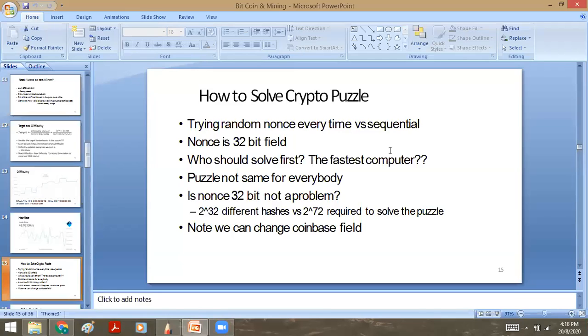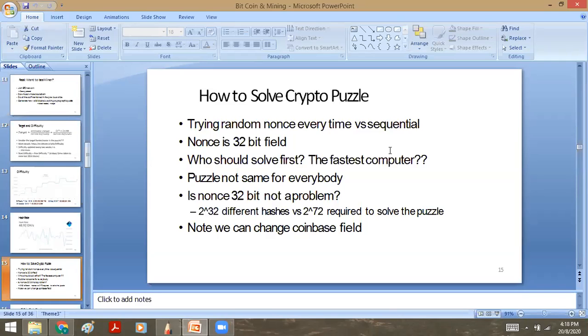And even though you solve the puzzle, if you have included some false transactions, and you try to do some manipulation after getting the opportunity to add the block, then the block broadcasted to all will be rejected, and you will not get the rewards.